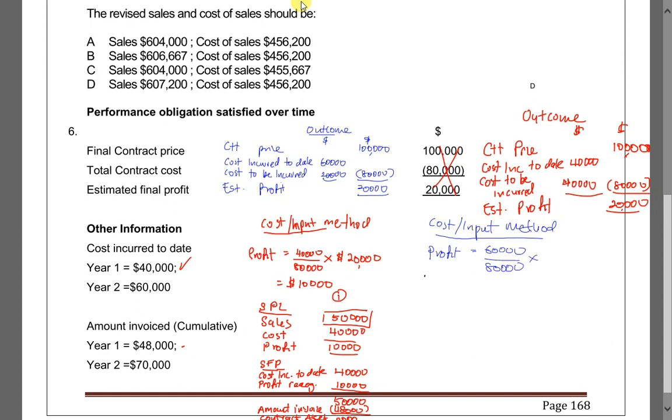So now I'm about 66.7% complete. So the percentage is 75%. 75% complete. Means I can recognize 75% based on cost method. So 15,000.